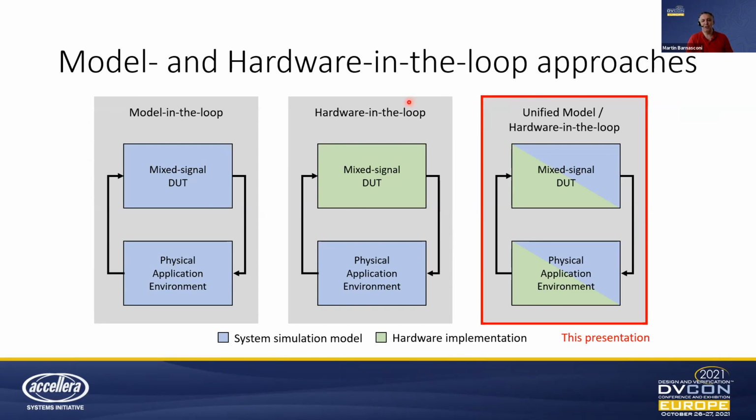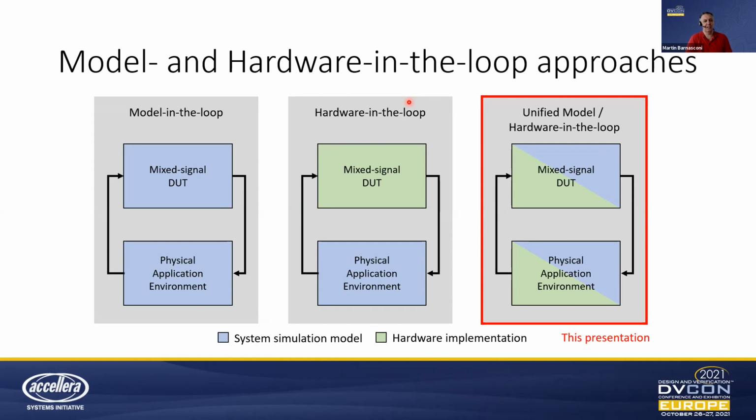What we are looking for, we want to go one step further, what we call the unified model and hardware in the loop approach, where for both the design and the test as well as the application, we like to leverage the available technology and even use simulation in a hardware context or the other way around, and the same with the physical environment.